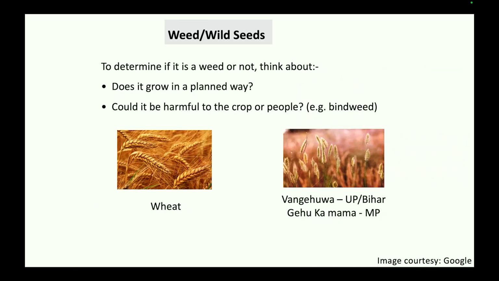Now, weeds and wild seeds. If we are studying flora, it doesn't mean we always learn only about cereals and main agricultural food items. We have to turn our attention towards weeds and wild seeds as well.